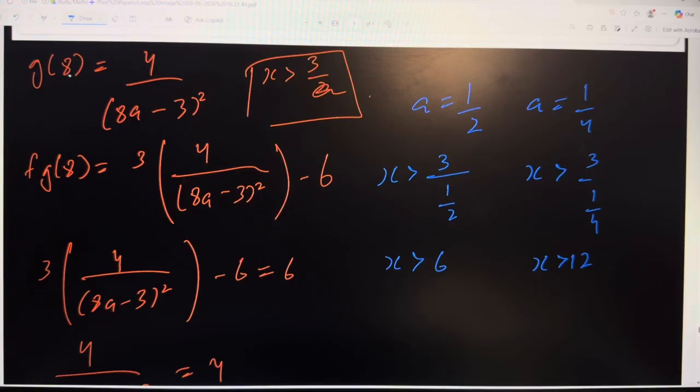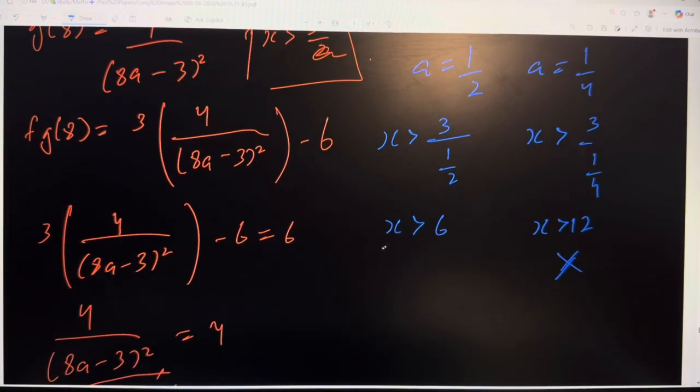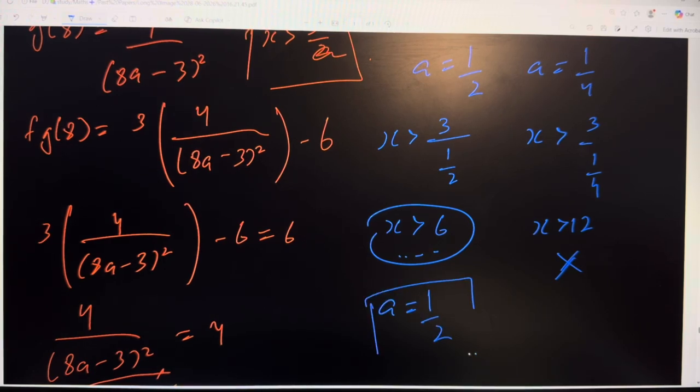Why? Because we used x equal to 8 here, so if x must be greater than 12, this should not work out. So this is of course the wrong value, and this is the answer. So a is equal to 1 upon 2 is our answer, right?